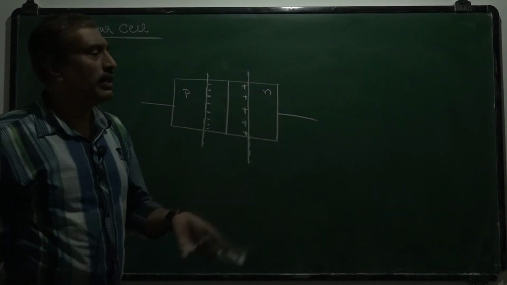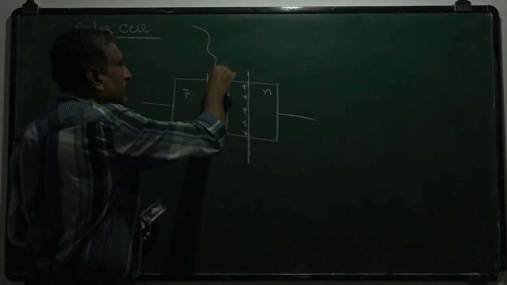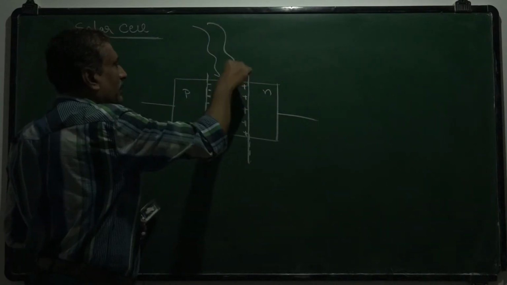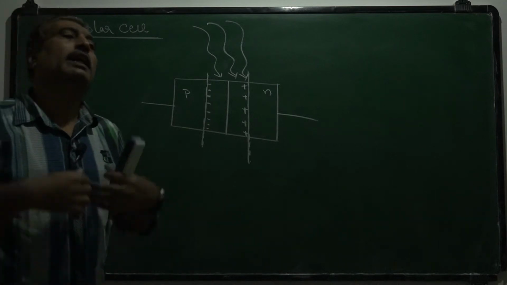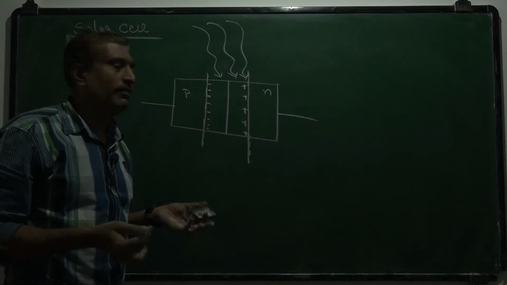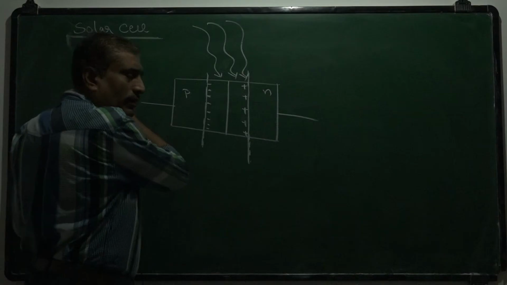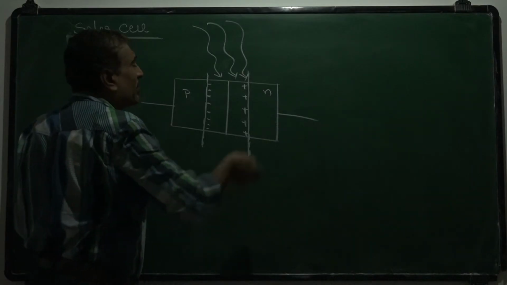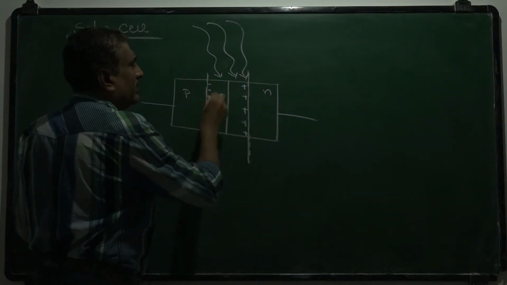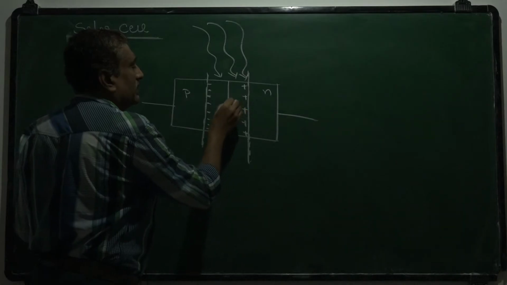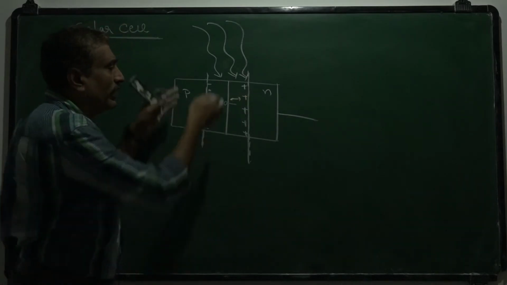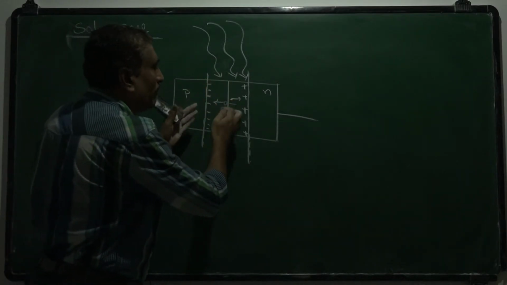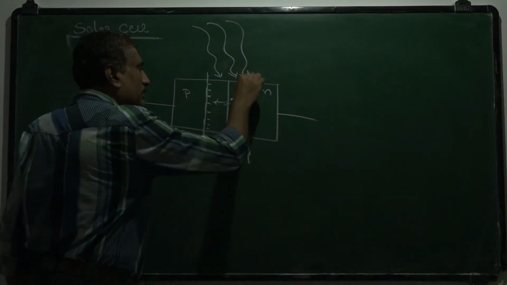Similarly, when light is made to incident on this solar cell, this PN junction diode, electron hole pairs are generated which will drift in opposite directions, as in the case of photodiode. When these carriers move, they induce an EMF across this junction.